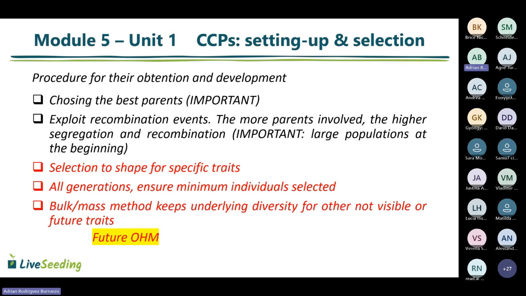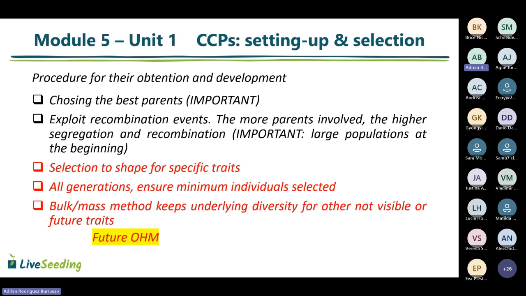This is very important. And then plan the crossings properly. Second, exploit the recombination events. The more parents involved in the first crossings, the higher the segregation. This is also important, and recombination events.